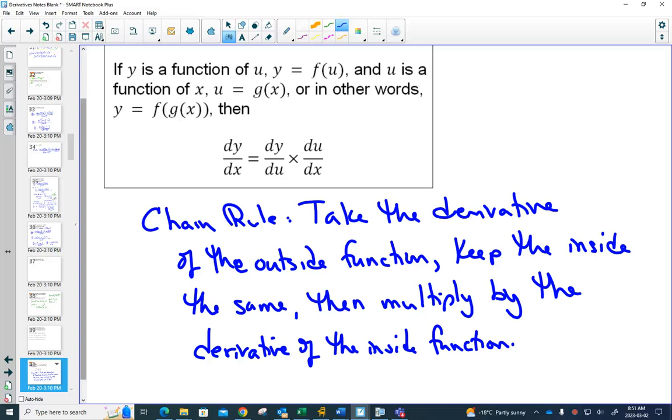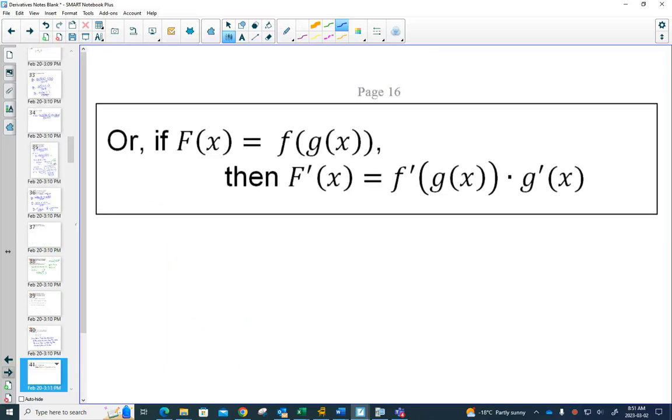Technically, that's what this says in Leibniz notation, but it's hard to read that. This is easier to see.